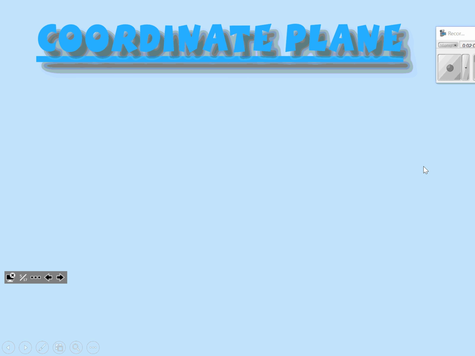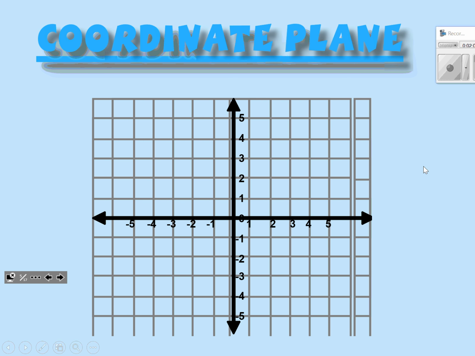So I'm going to be talking about certain parts of a coordinate plane. And you guys should know the parts of a coordinate plane. If you don't remember, a coordinate plane is basically when two number lines, a horizontal one and a vertical one, cross. These are the parts, and I want you guys to please write these in your notes.